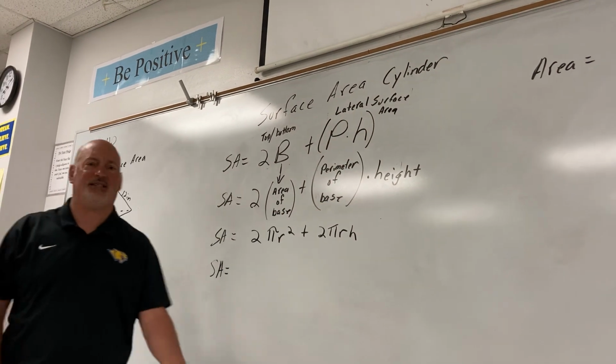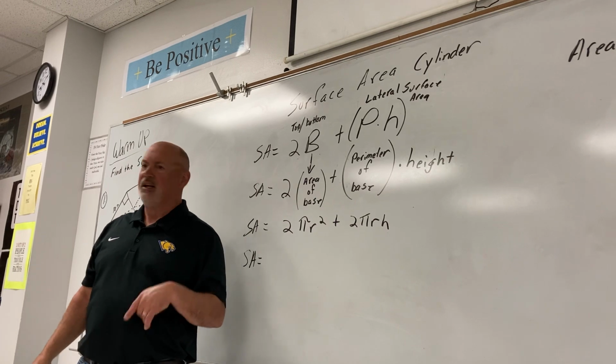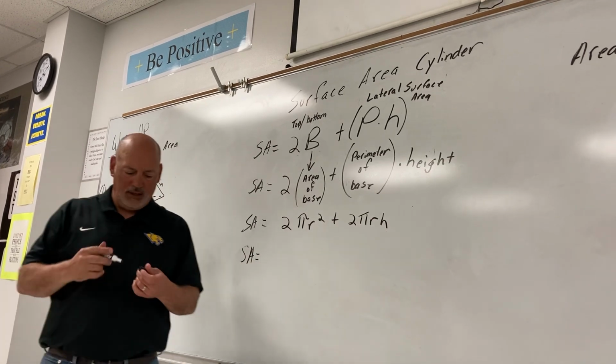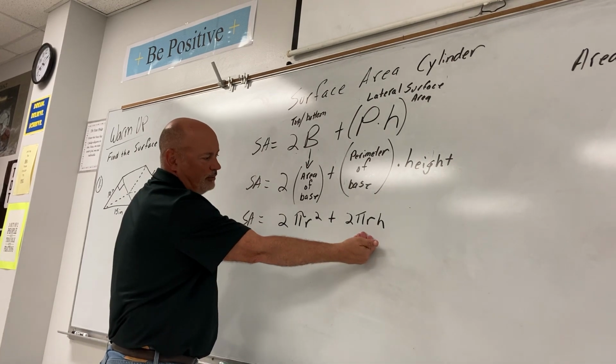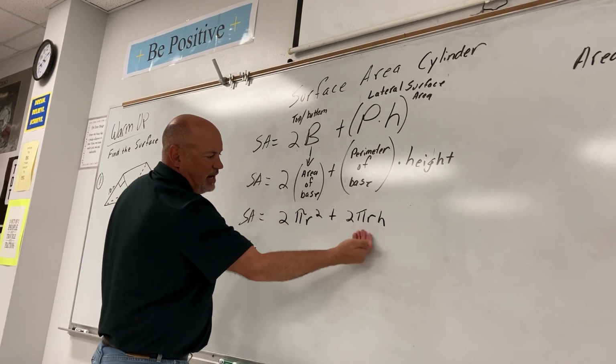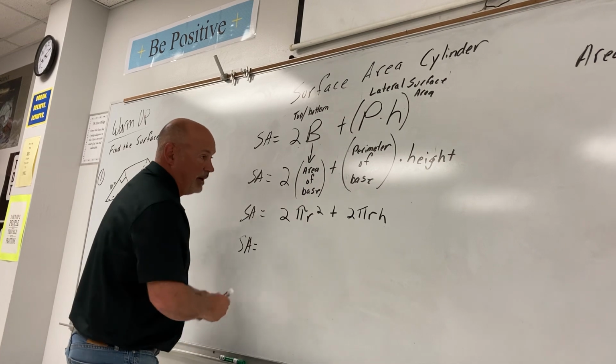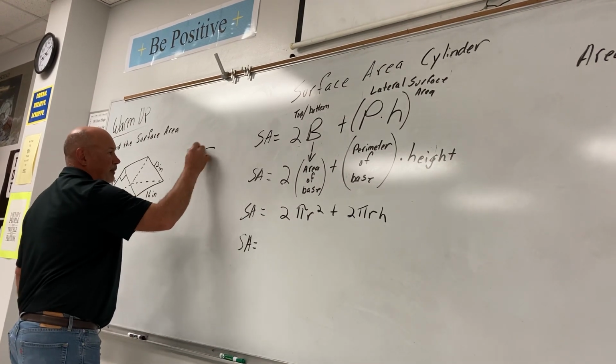Well, they just made it easy. I only have to do half of the formula if they want the lateral. If they ask for the total, we got to do top, bottom, and the lateral, or the sides. This is always the sides. This is always top and bottom. So let's look at a problem or two.